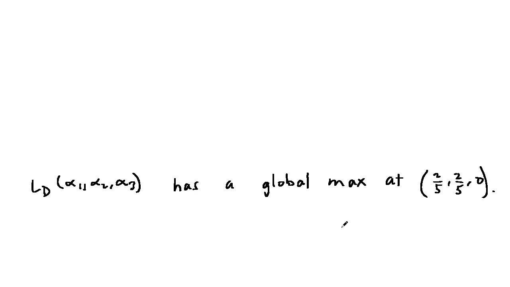So it follows that L sub D of alpha 1, alpha 2, alpha 3 has a global max at (2/5, 2/5, 0). Here we just solve for alpha 1 as 2/5, since we already know what alpha 2 and alpha 3 are.